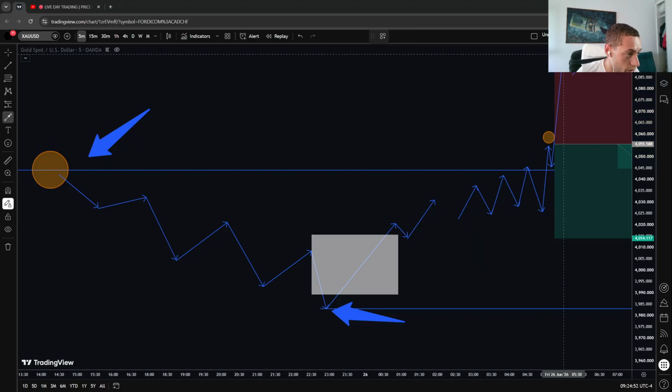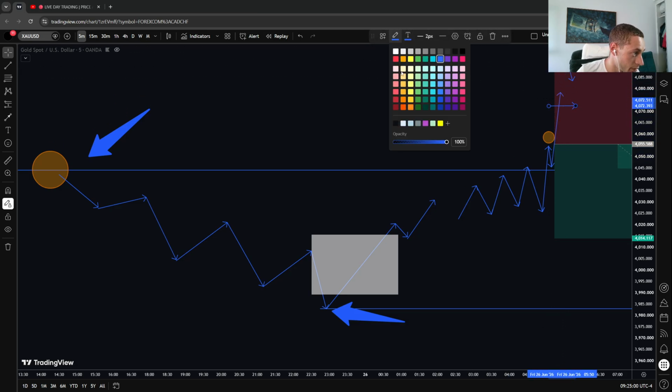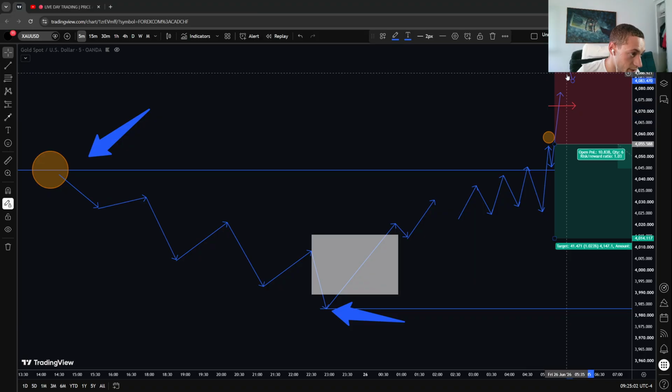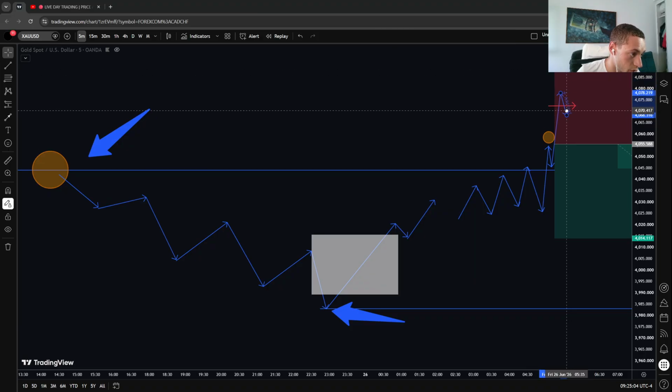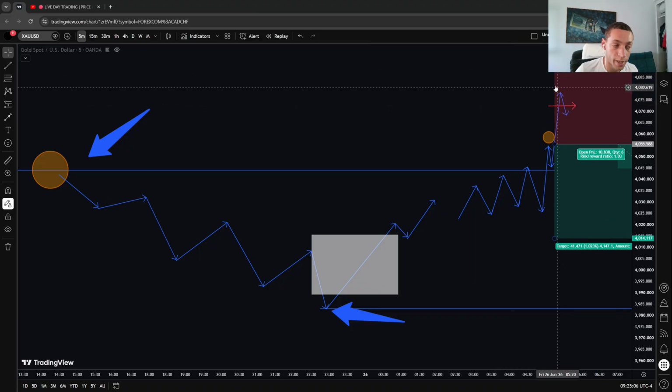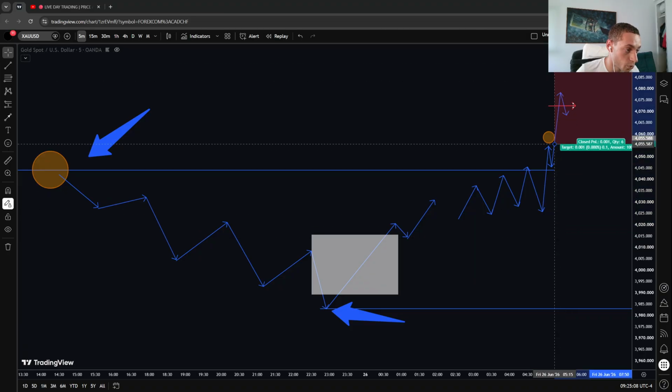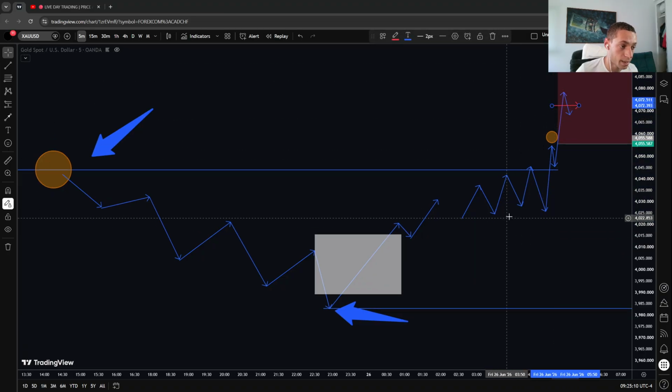Price could reject here before taking a tap in our TP. Our stop would be here, and price then would reject like such, and then our stop would be hit, right? Because we will move our stop until that level where price has broken into.